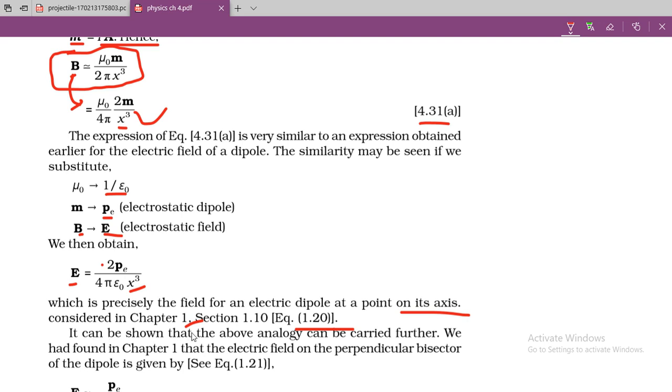It can be shown that the above analogy can be carried further.